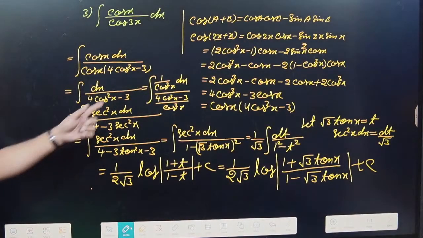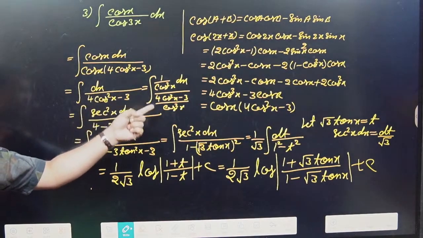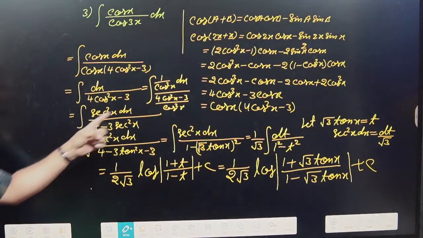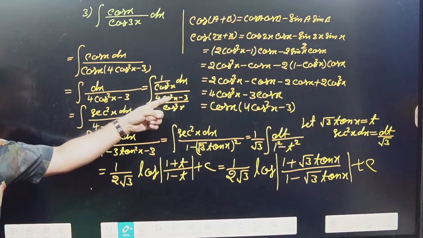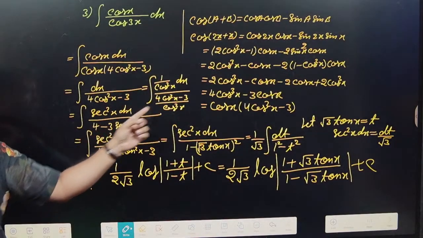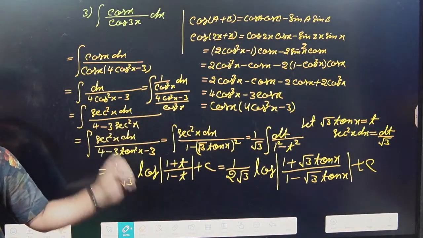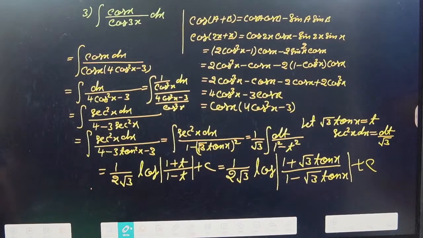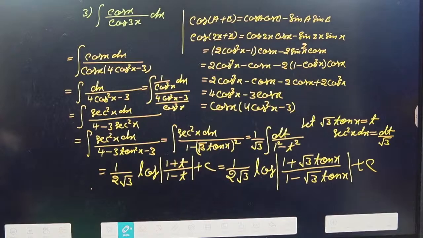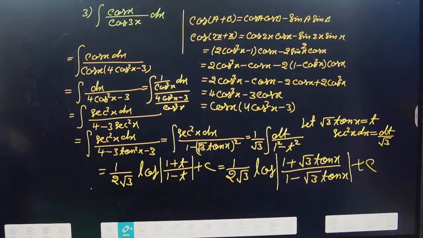Numerator and denominator are divided by cos square x. So the numerator is sec square x, and the denominator is 4 into cos square x upon cos square x, so 4 into 1 minus 3 upon cos square x, that is sec square x. I hope it is clear.